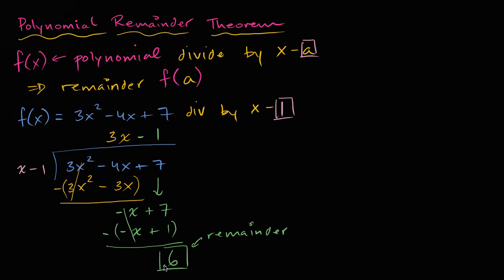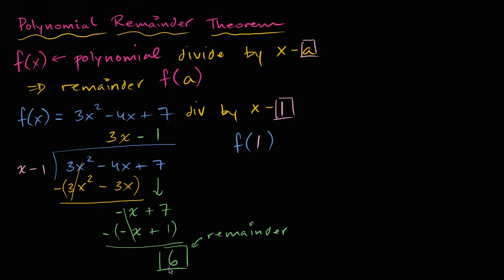Now, by the polynomial remainder theorem, if it's true, and I just picked a random example here, this is by no means a proof, but just a way to make it tangible of what the polynomial remainder theorem is telling us. If it is true, it's telling us that f of a, in this case f of 1, should be equal to 6.